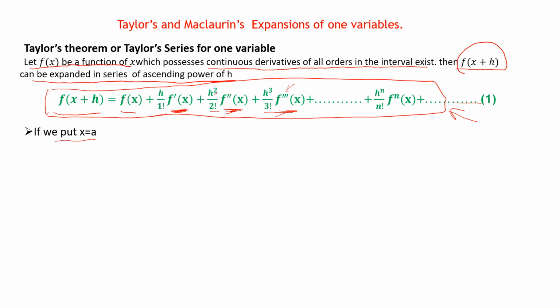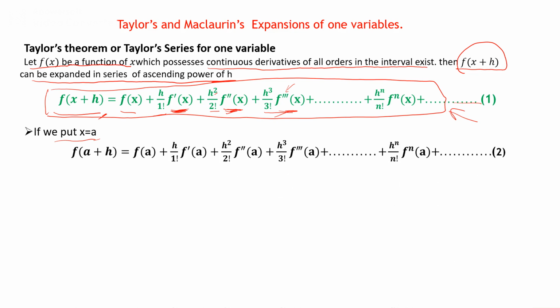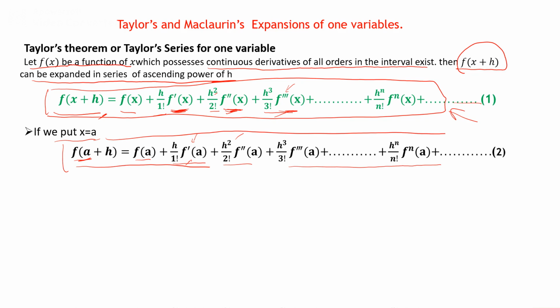If we put x equal to a, we get f(a+h) is equal to f(a) + h/1! f'(a), meaning the derivative of the function at a, + h^2/2! f''(a) and so on. So this is equation number 2, which we can say is the deduction of the Taylor series or Taylor expansion.